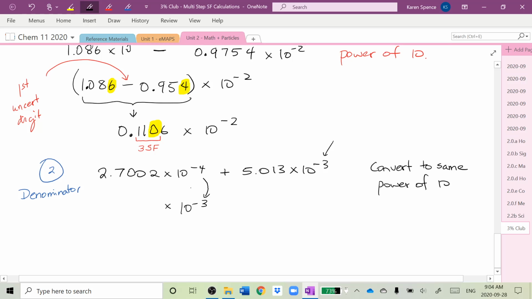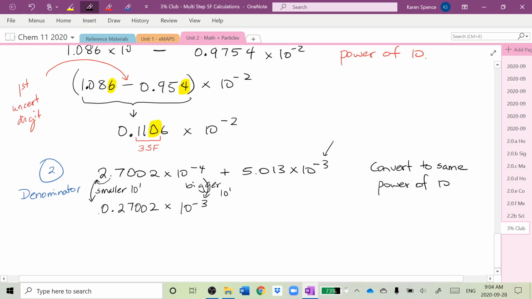And because this got bigger, that means this part of the number has to get smaller. And this got bigger by 10 to the 1, 1 power of 10. So this has to get smaller by 10 to the 1, which means we're moving our decimal place 1 position over. So that's going to be 0.27002 times 10 to the negative 3.